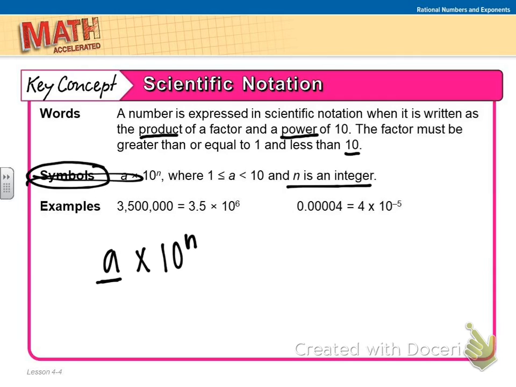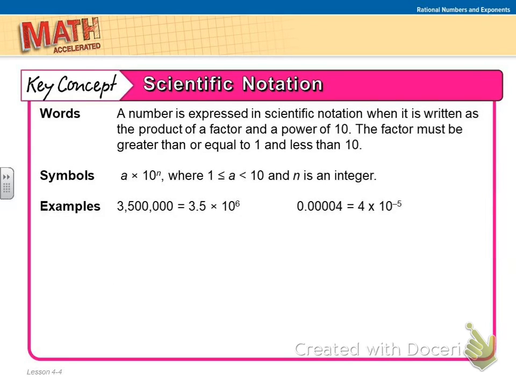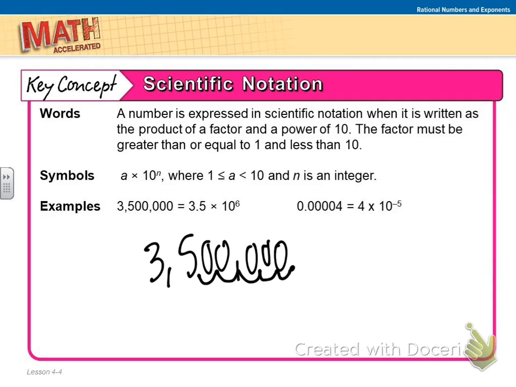All right, so let's look at our examples. To put this in scientific notation, we have to get a factor between what? Between 1 and 9, right? Because it's got to be less than 10. So my decimal's right here. Where do I move it to get it to be a factor between 1 and 9? I move it how many times?